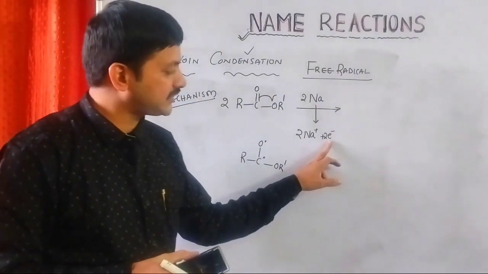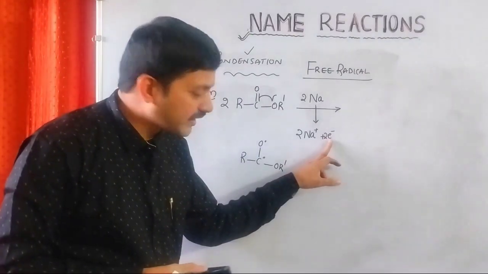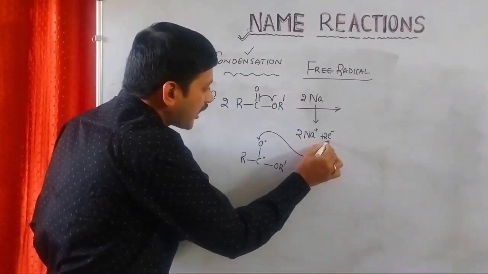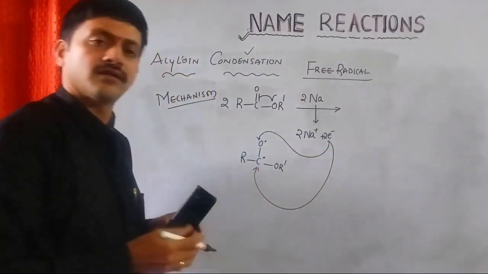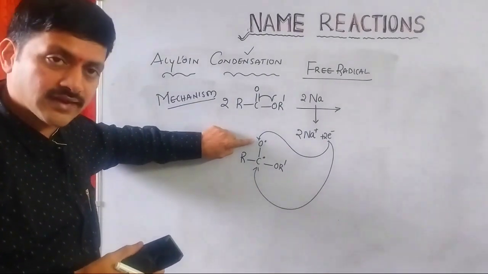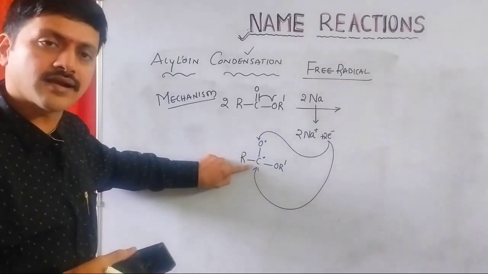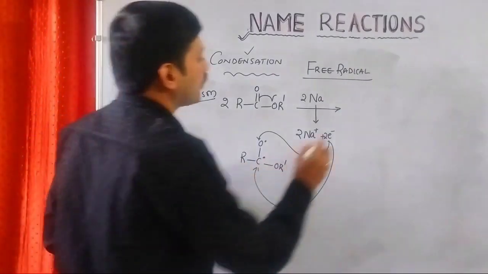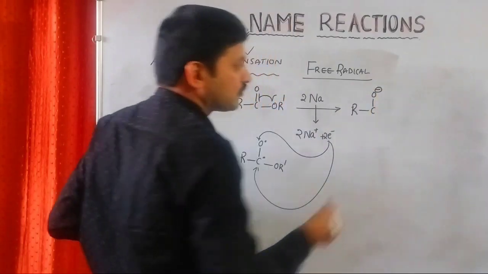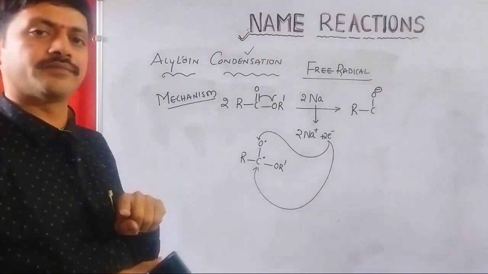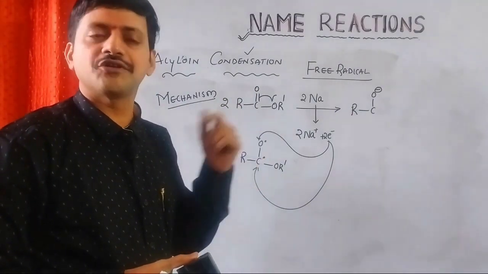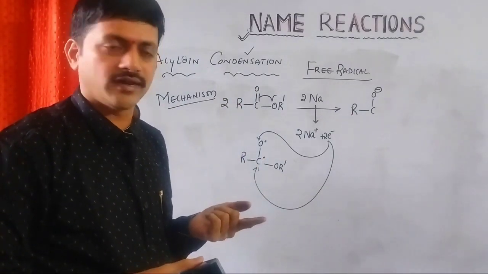Now we have electrons here. This particular electron may approach oxygen or it may approach carbon. It means that we can generate a minus charge either at oxygen or at carbon. The feasible one is R single bond CO minus. Why? Because comparing with carbon, oxygen is more electronegative in nature. That's why the minus charge is going to be formed at the oxygen only.